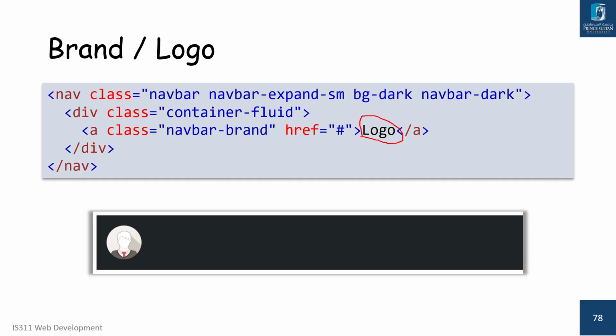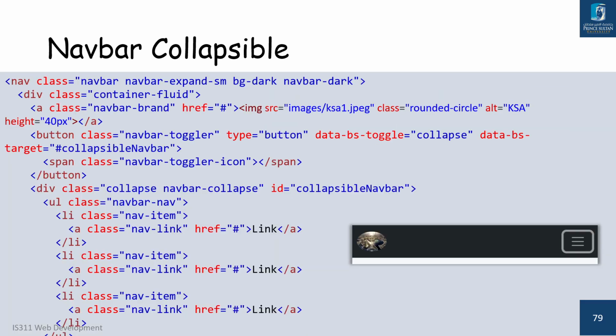Normally, we have our brand, the brand image which represents your brand, Adidas, or even PSU has their own brand. So we can put it over there. So if you replace that logo text with an image, then it will show an image here. Then of course we need to make sure that the size is small. It's not very big, because we are talking about a navigation bar.